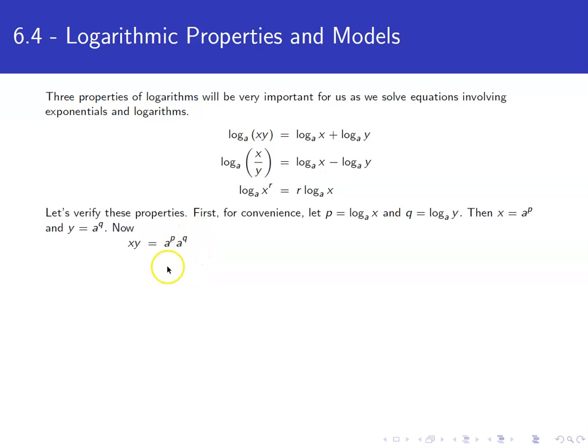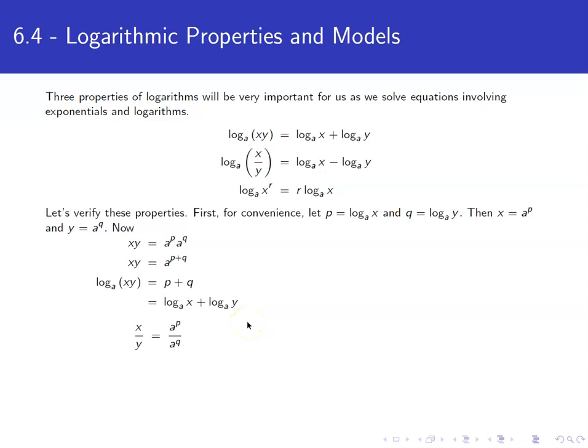Here's what I was mentioning: we add our exponents. That's the same thing as saying xy is equal to a to the p plus q. This is an exponential equation. We can rewrite it in equivalent logarithmic form. Log base a of xy is p plus q. And we said that p was log base a of x and q is log base a of y. So this verifies our first property.